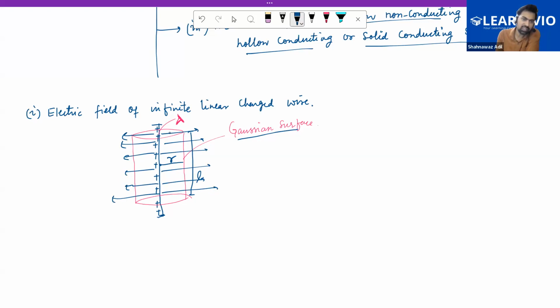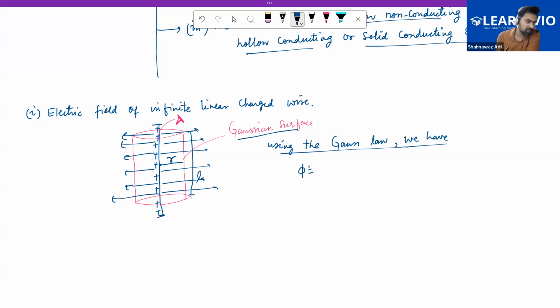For this cylinder, how many surfaces are there?